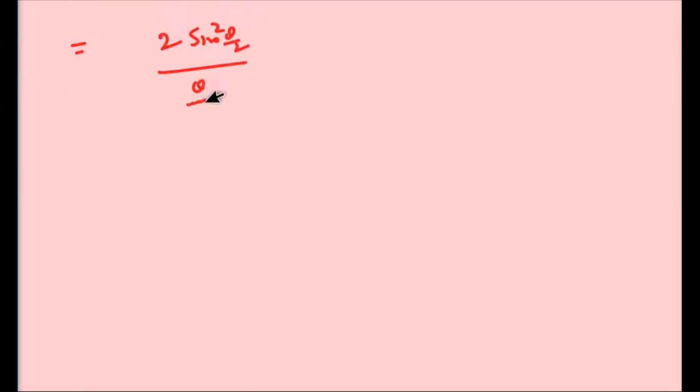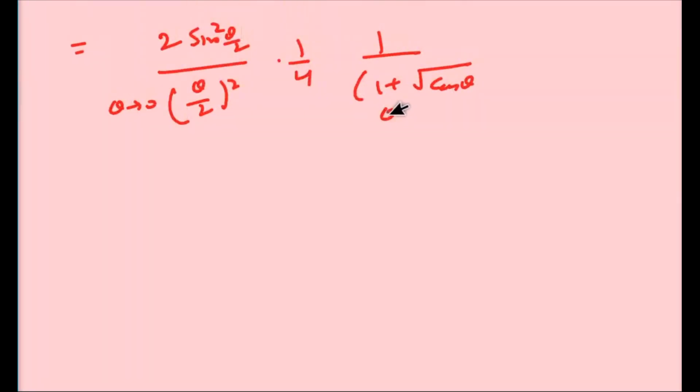If we multiply it by 2 and square, we have multiplied, so dividing by 4, we should write here 4, and here theta tends towards 0. And the next term is 1 plus root cos theta, theta tends towards 0.